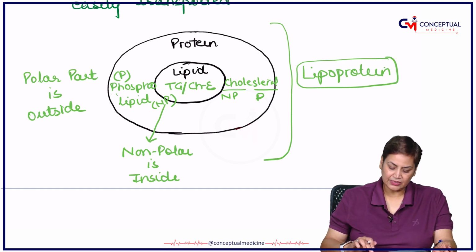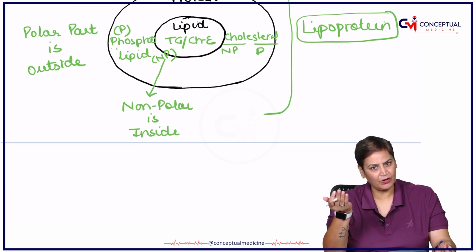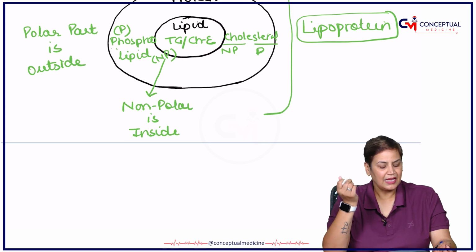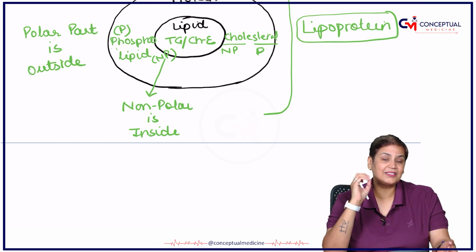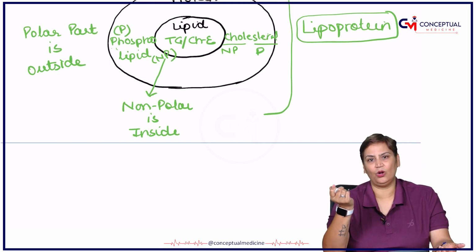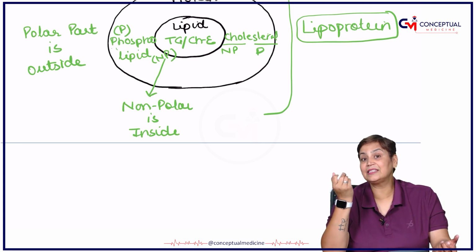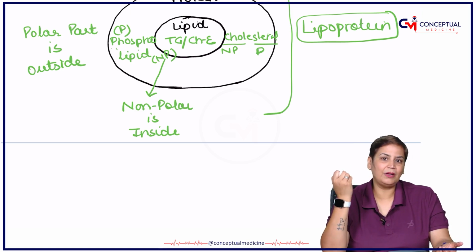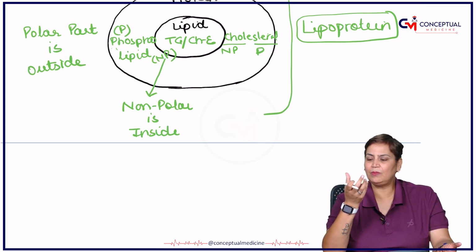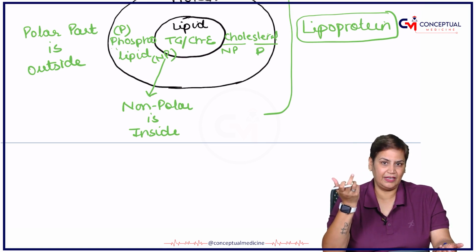Now the question is, what are the different types of lipoproteins? Because this charge and all matters a lot. Always keep one thing in mind, our cell membrane is selectively permeable. It will not allow any Tom, Dick and Harry to pass through it. It will always be selective in nature.